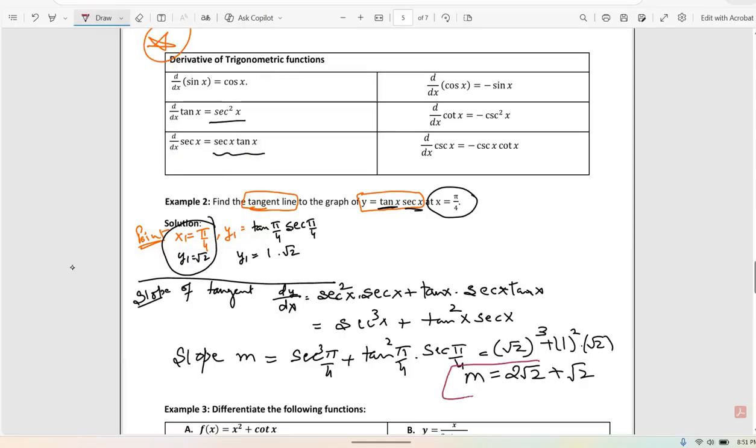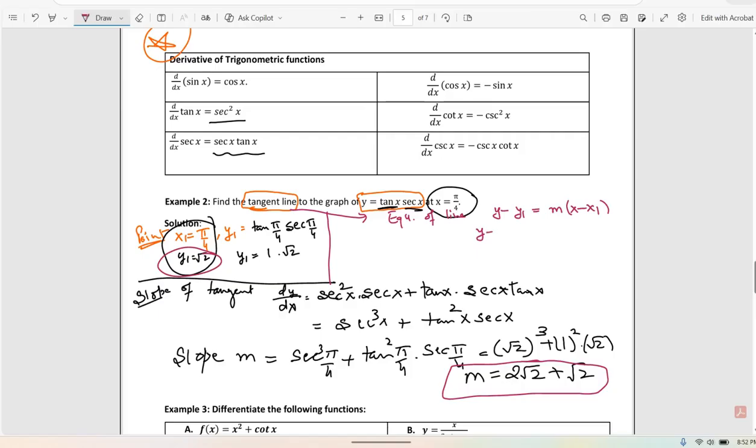So I have my slope. What was the question again? The equation of the line. Equation of any line is y minus y1 equal to m times x minus x1. We have y1, we have x1.